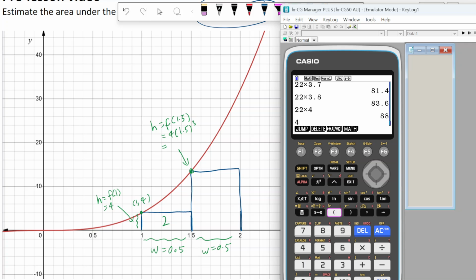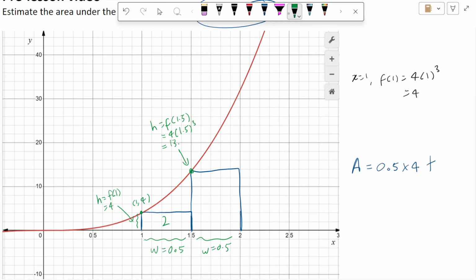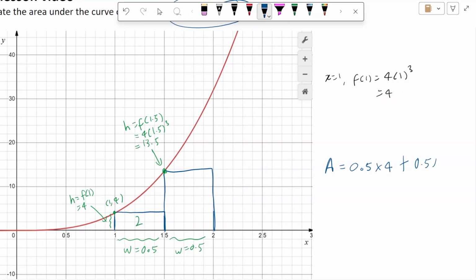Now, the only reason that's the height formula is because this is the specific function we're looking at, 4x cubed, but it's 13.5. So the next area is 0.5 times 13.5.